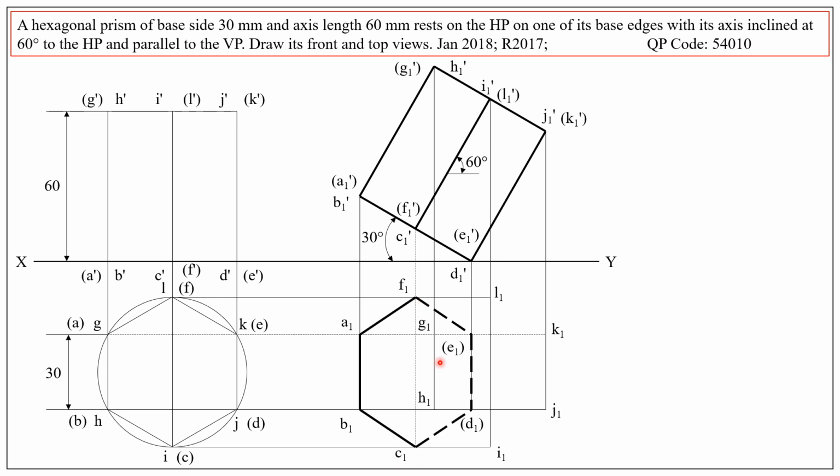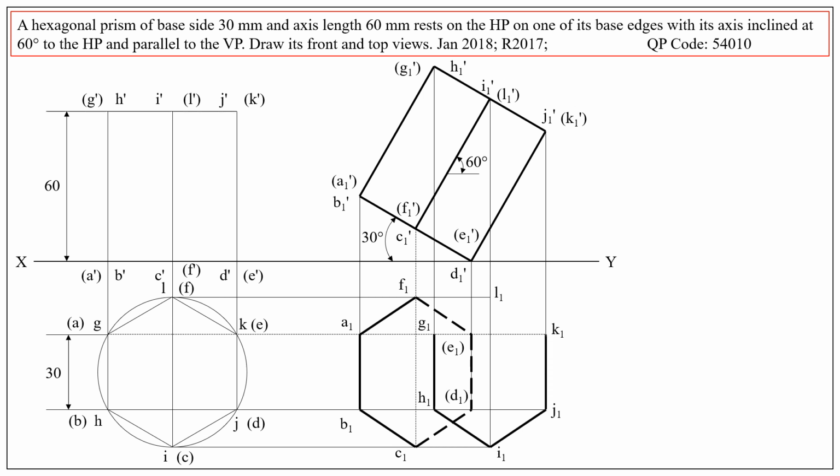Out of the 6 edges, 3 edges are drawn using discontinuous lines because the points E1, D1 are invisible, and hence the corresponding edges are also invisible. Similarly, we can draw the hexagon at the top of the prism.